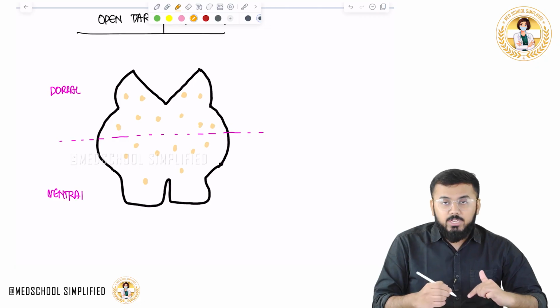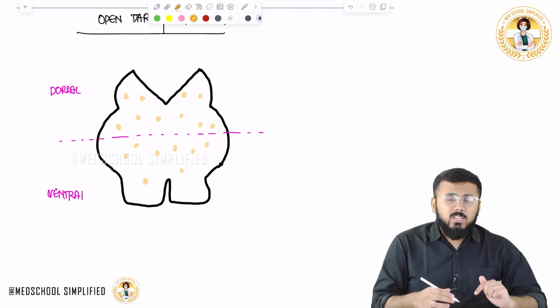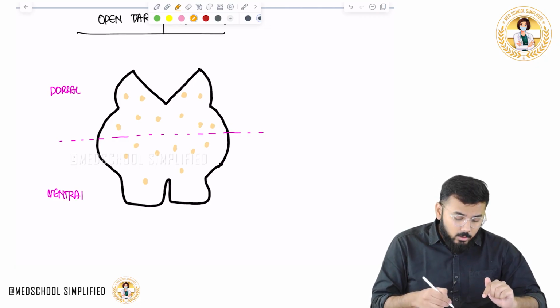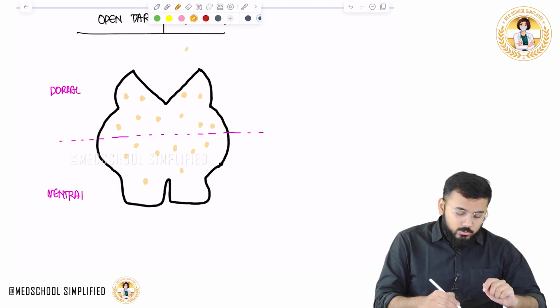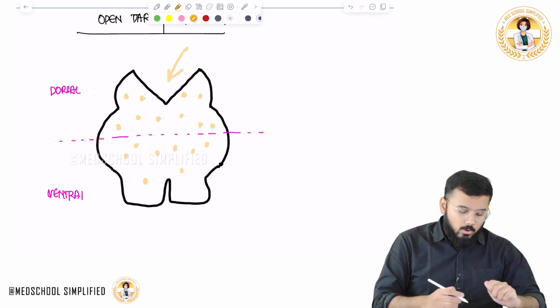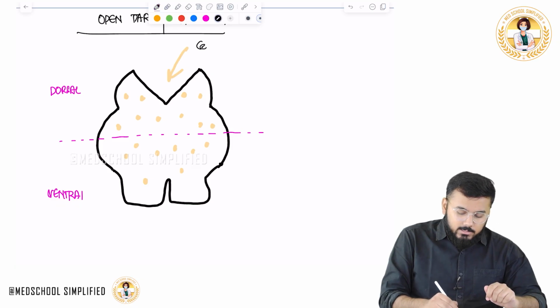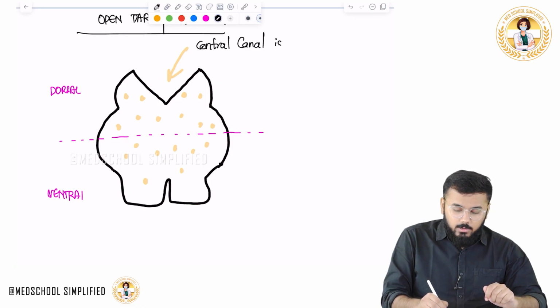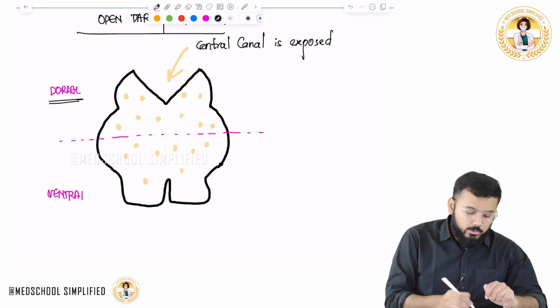So can I tell there is a mixture of both gray and white matter? Why is there a mixture of both gray and white matter? Because there is no central canal here. You see the central canal is exposed on the top. So I have to write it down here: the central canal is exposed dorsally.